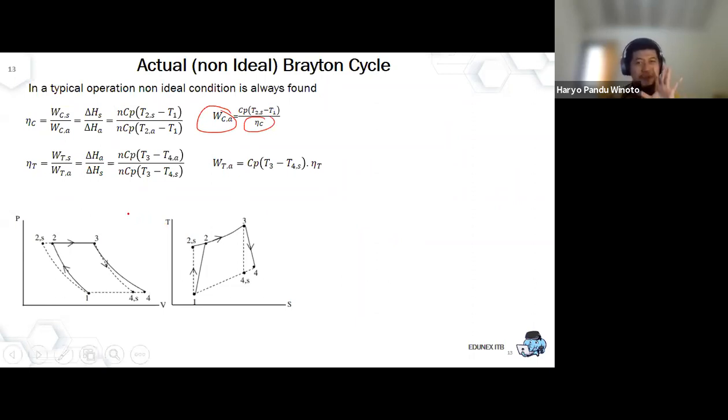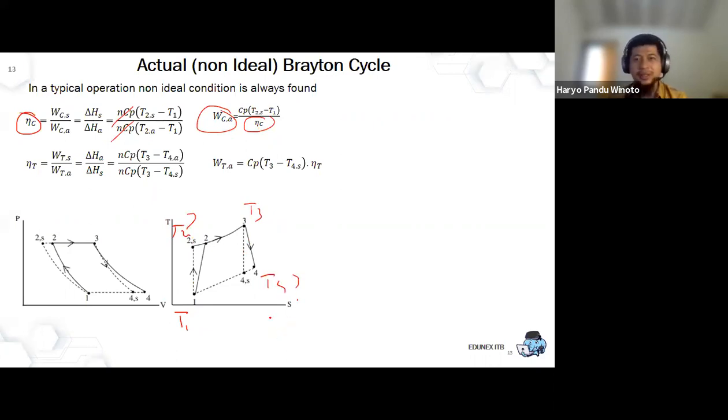What should I do if I know the typical isentropic compression efficiency and I want to find the real work used in there? We can just equate this out. Because T1 is known, T2 we don't know, T3 is known, T4 we don't know.